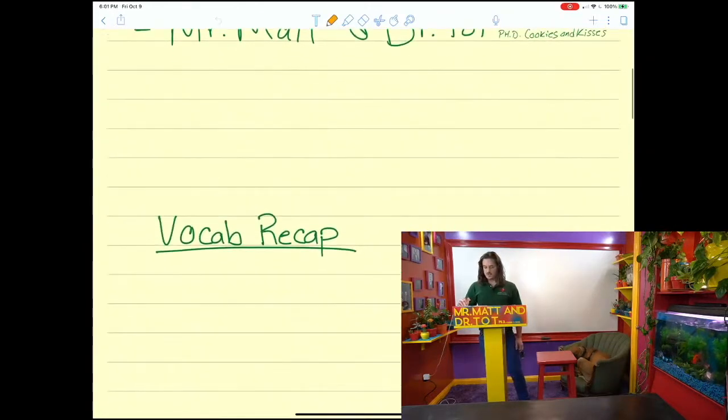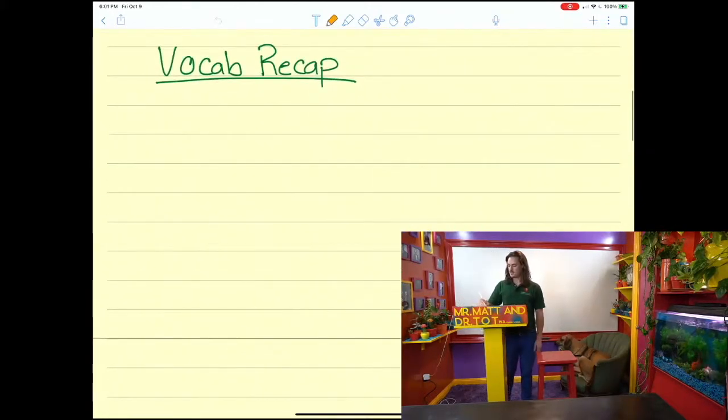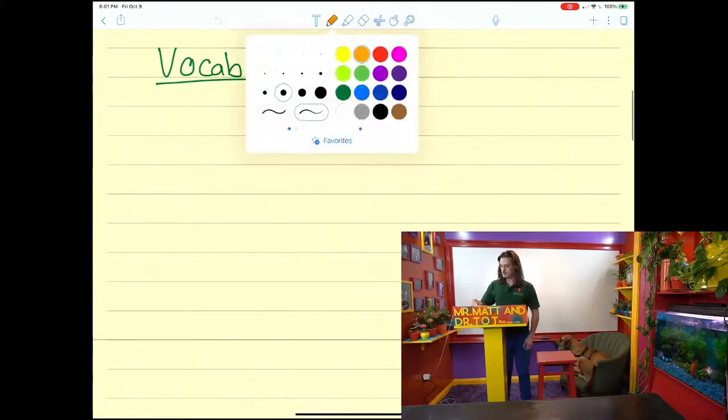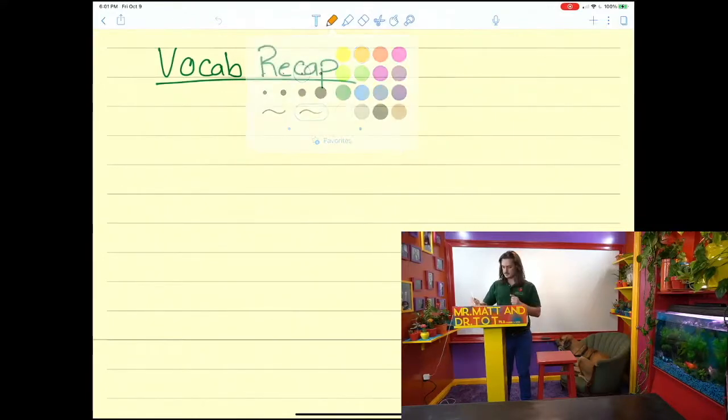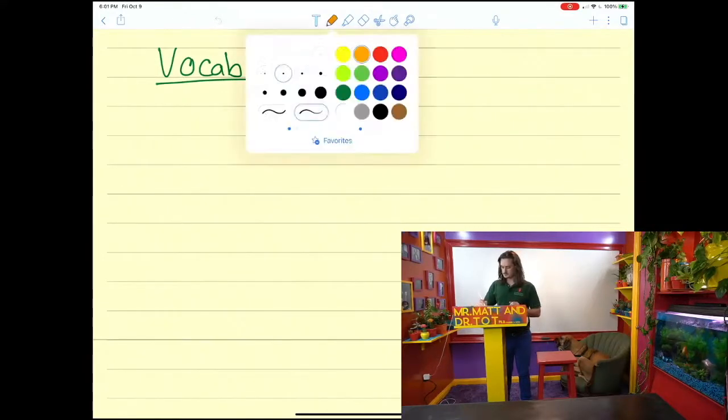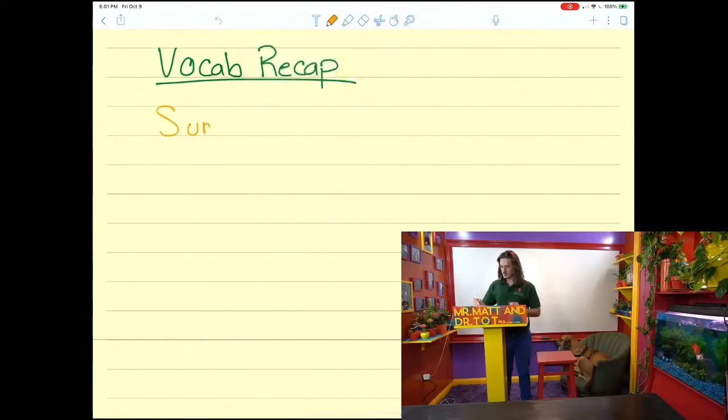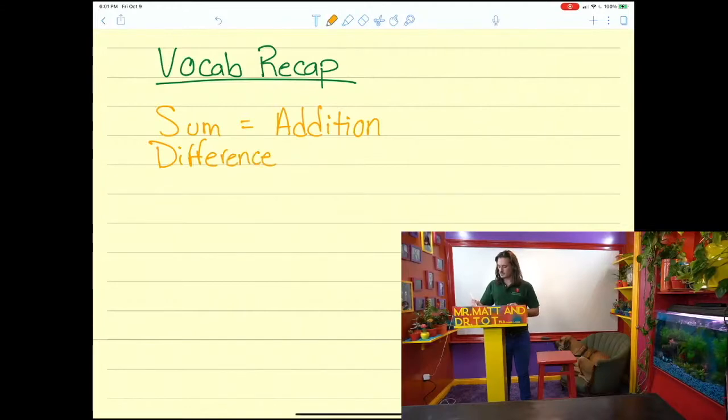Okay, so just a vocab recap. Remember that the sum implies addition. It's the answer to an addition problem in mathematics. The difference between values implies subtraction.